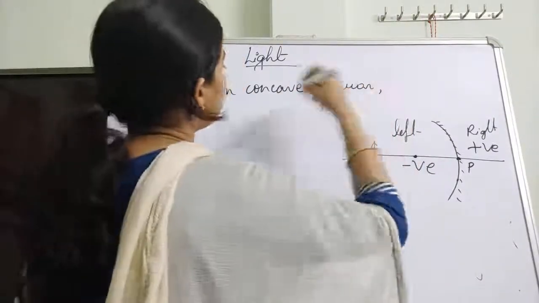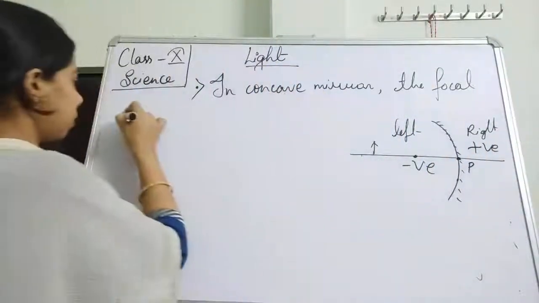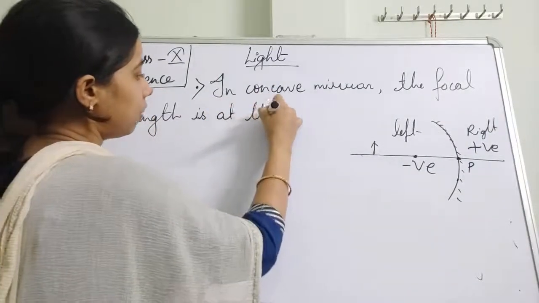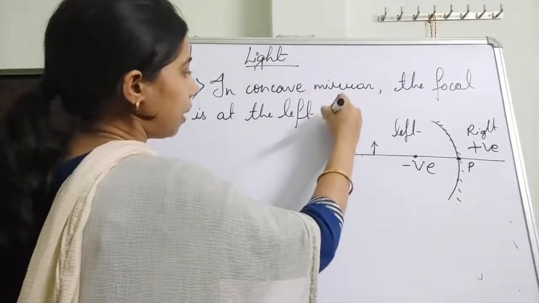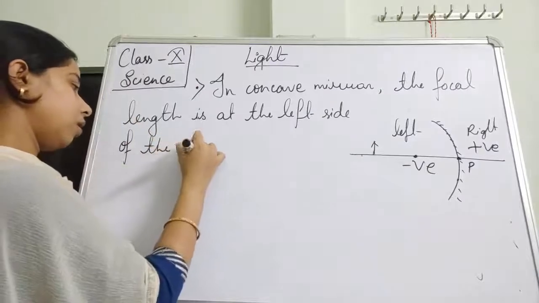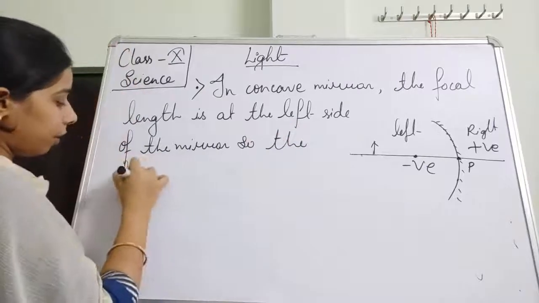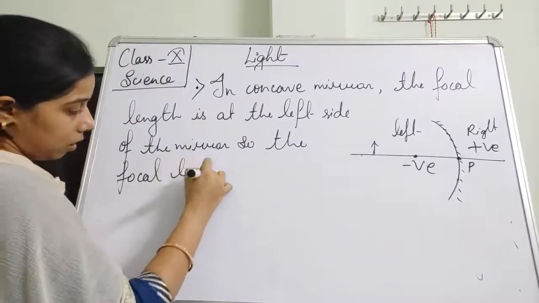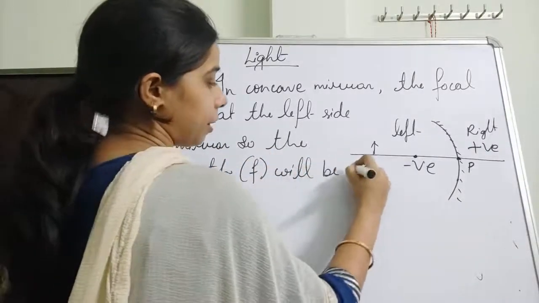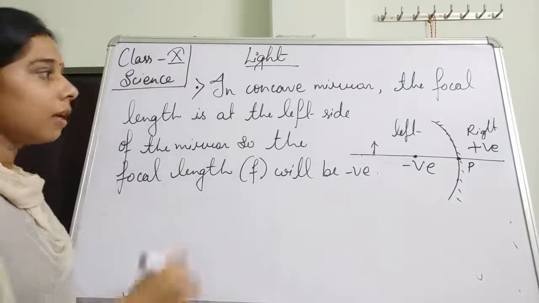So we can say that in a concave mirror, the focal length is at the left side of the mirror, so the focal length, that is F, will be negative. It is always negative in case of a concave mirror, students.